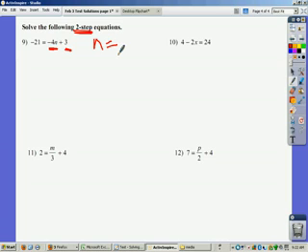All right, I'm going to get rid of all this. So in order to get my letter N by itself, I have to undo this first. This is the first step. And how do I undo plus 3?